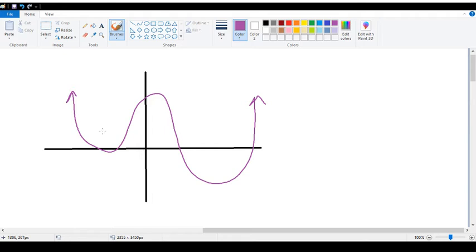All right, let's call this point A, let's call this point B and C. What would be the lowest point that we can see? The lowest point in this case would be point C. That's the lowest point that I can see.